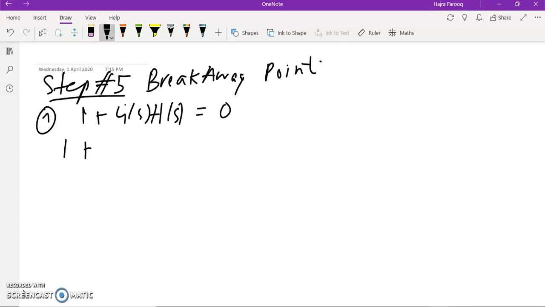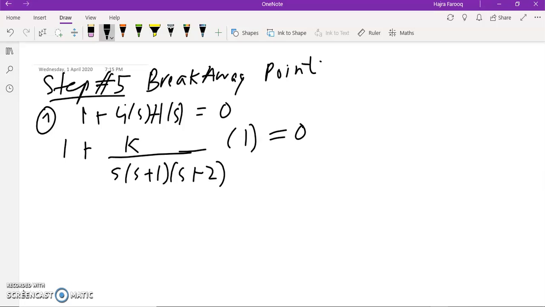G(s) was K over s into (s plus 1) into (s plus 2), while H(s) was given to be 1, and our equation will come out to be s cube plus 3s square plus 2s plus K is equal to 0.